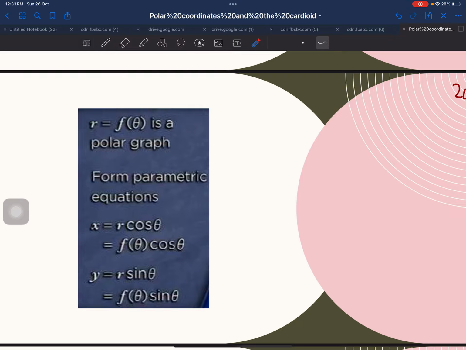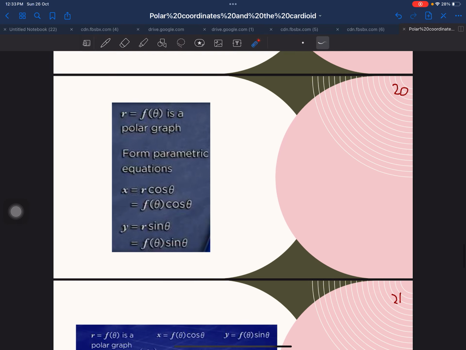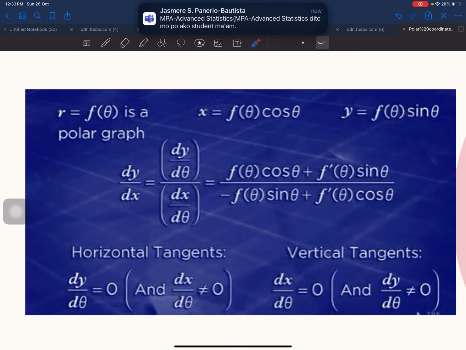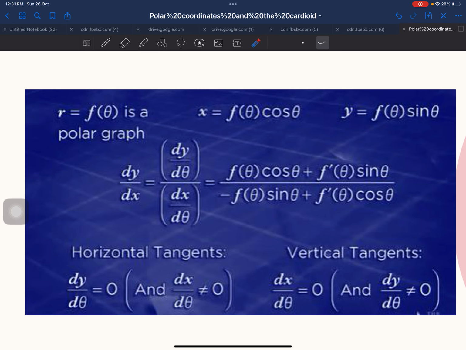It's the derivative of f theta sine theta, and that derivative is f of theta times cosine, the first times the derivative of the second, plus the second, which is sine theta, times the derivative of f, which would be f prime of theta.